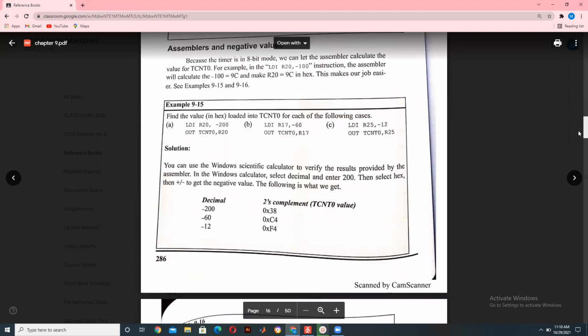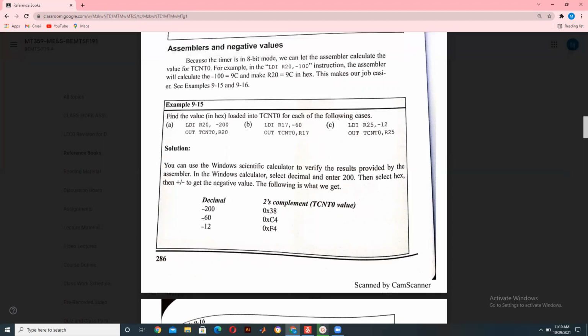it is done. Then, find the value in hex loaded into TCCR and TCNT0 for each of the following cases. LDI R20 is equal to minus 200. Minus 200 means that it is in 2's complement. TCNT0 value becomes 0x38.